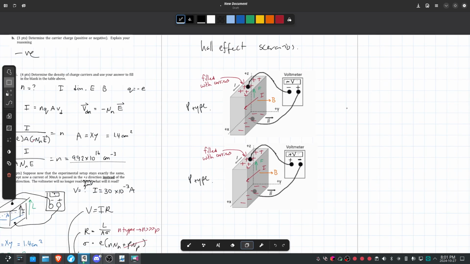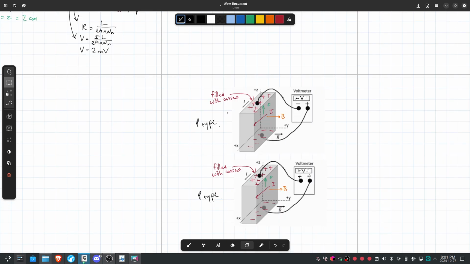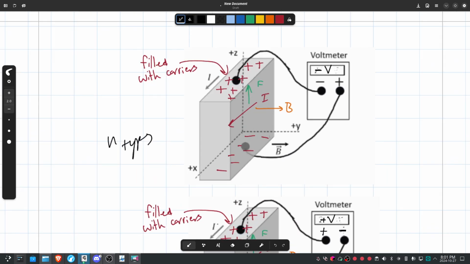Now, what happens when we flip the charge types? N type. Well, if you do the Hall effect again, all of the charge carriers are going to go to the top. Our charge carriers are negative, so here it's going to be filled with negatives, and here is going to be positively charged.